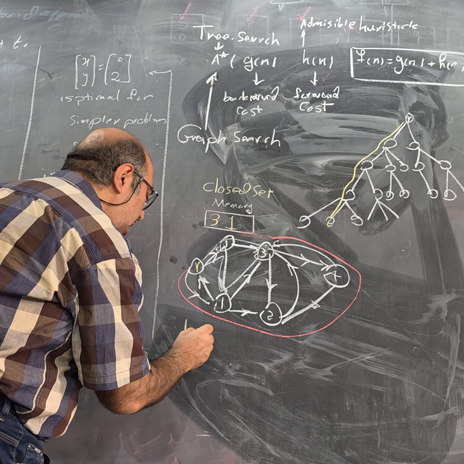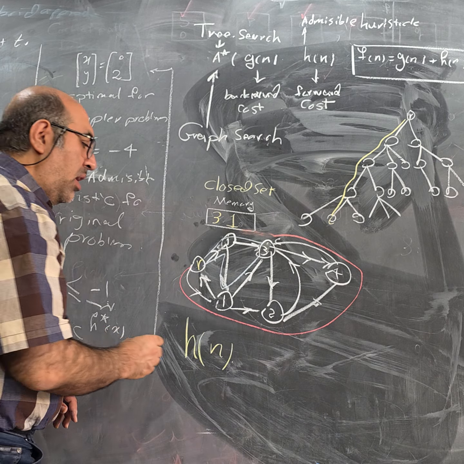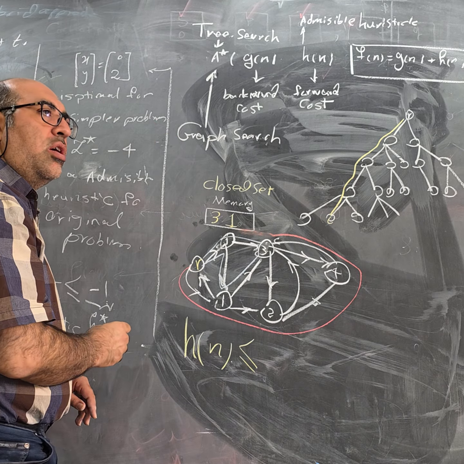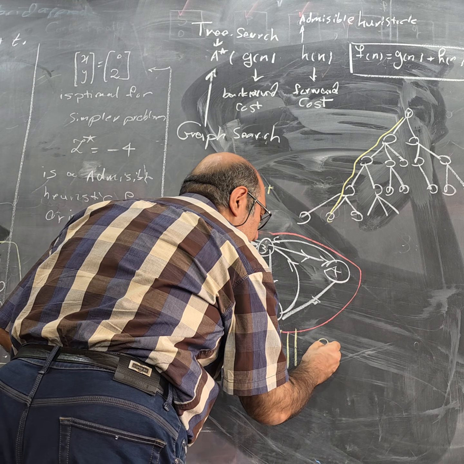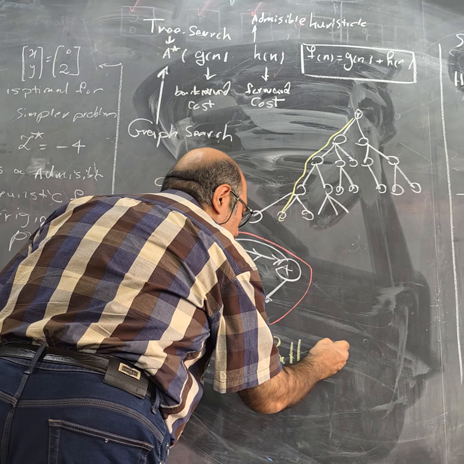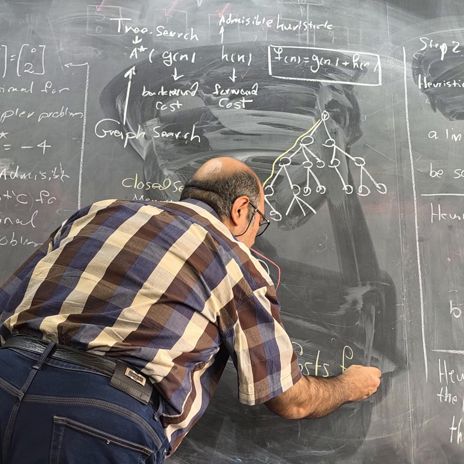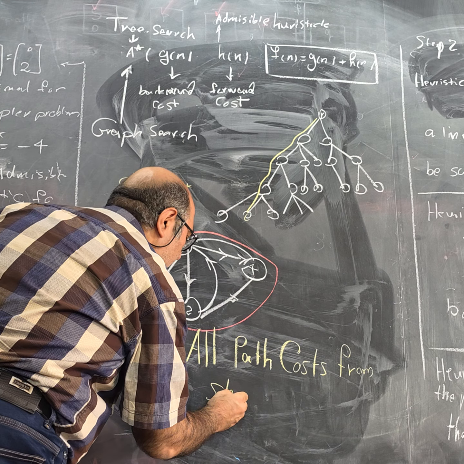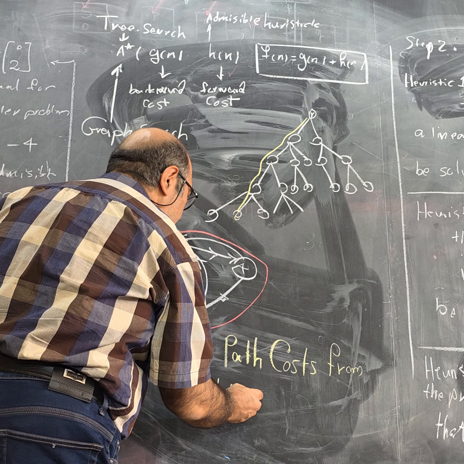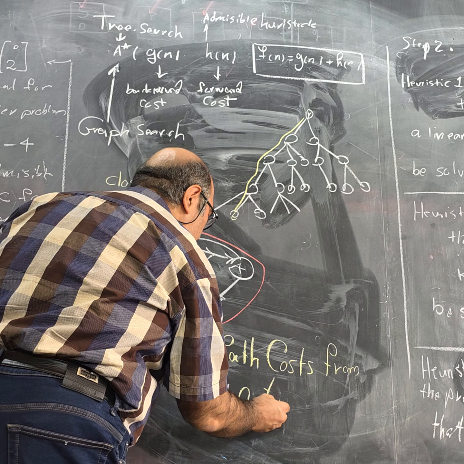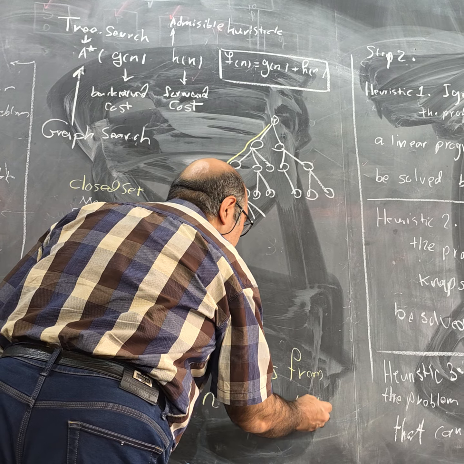The heuristic to any node, for example n, is less than or equal to all path costs from a state to the target state.